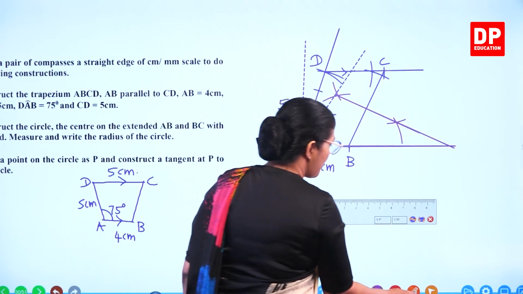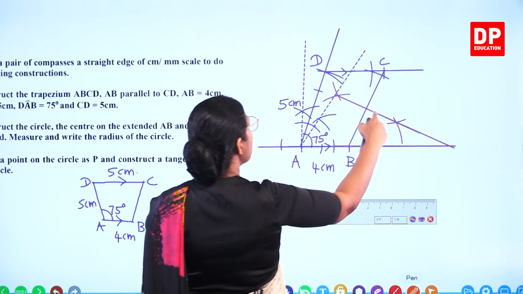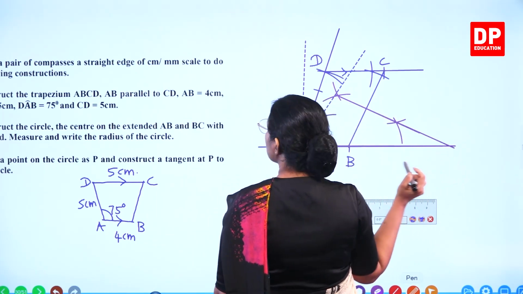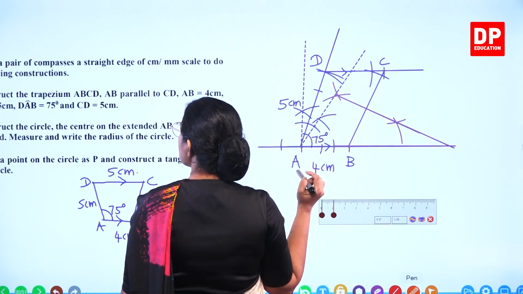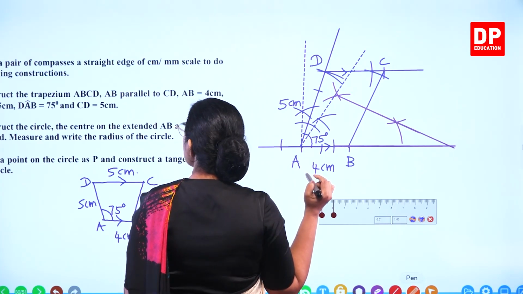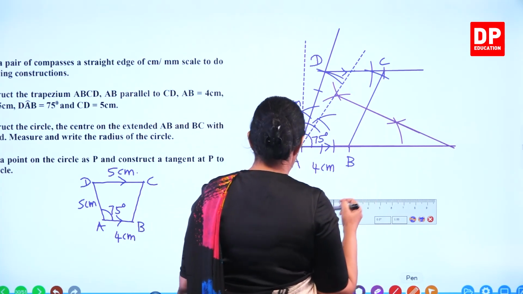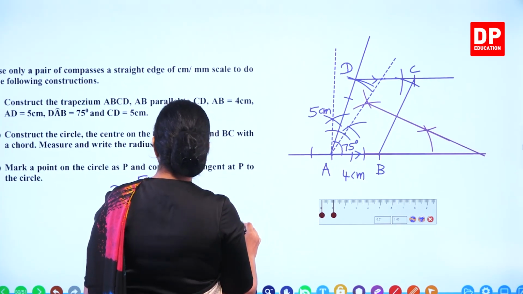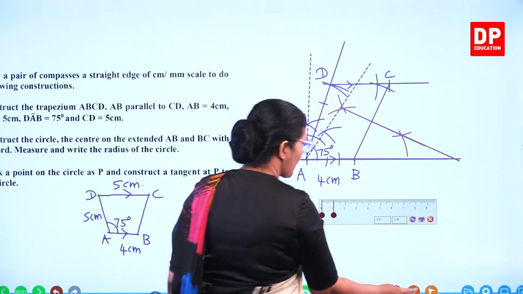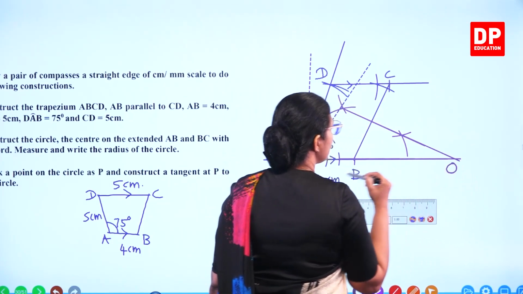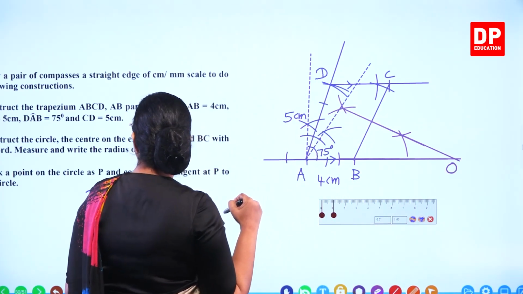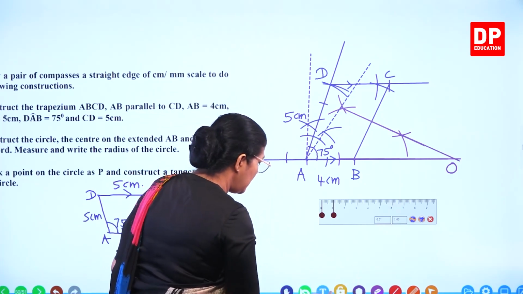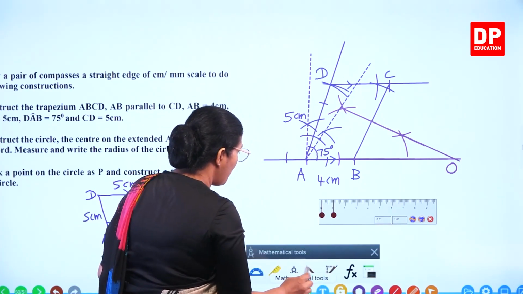This should be the center of the circle. What's the center? It's not given a letter. So let's take O point. Now you have to construct the circle. So let's take the compass.